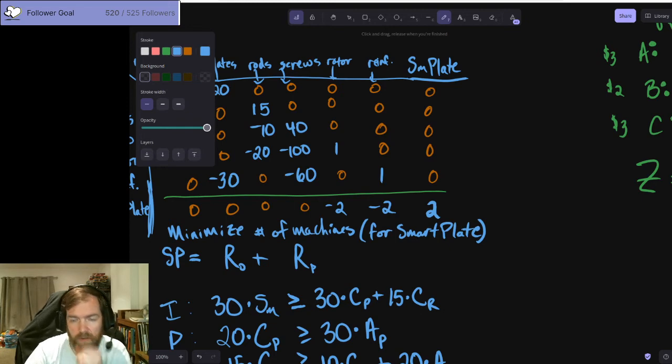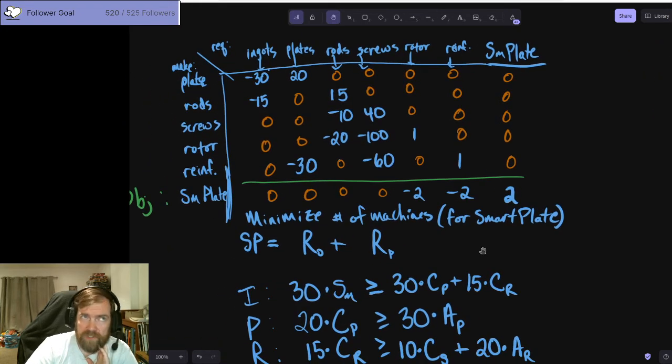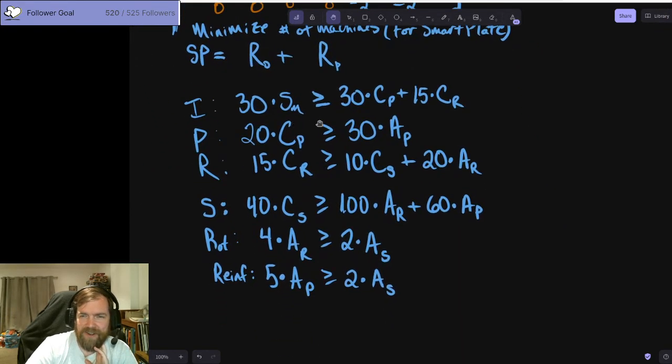Realistically, we also want all of these to be integers.